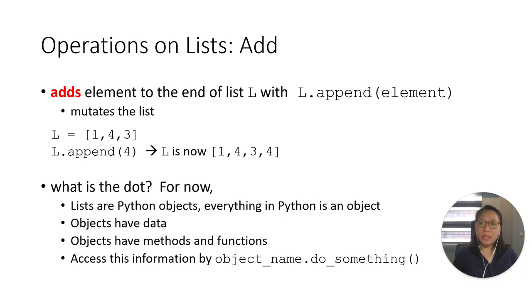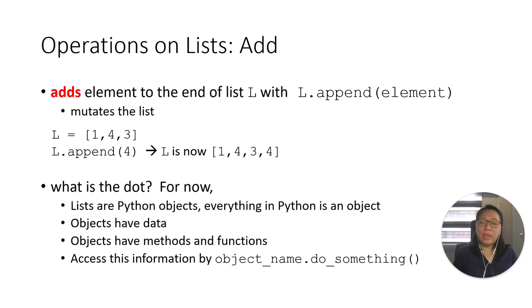So this dot, we call these methods or functions. Since I mentioned earlier that in Python, everything is an object, this list is also an object. It has data, and objects may have methods and functions.